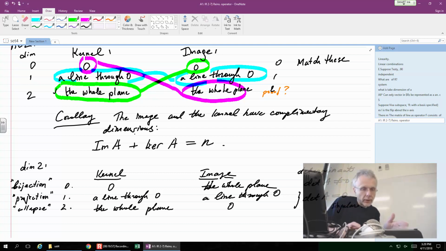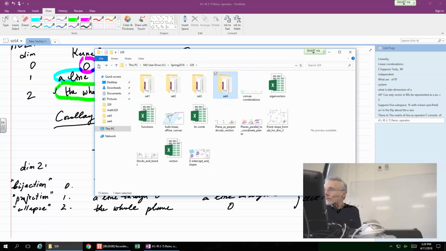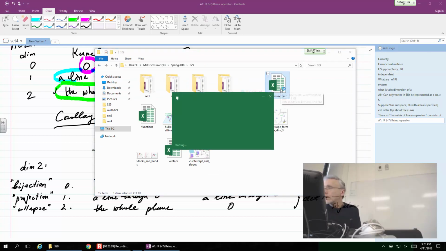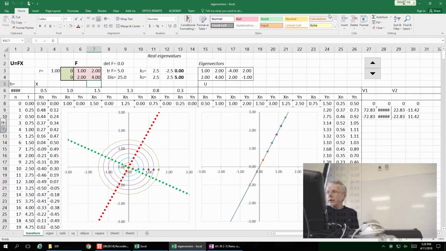So that is something to discuss, but I think I'll do a few examples first. The one that we started with is this. As you can see, it is a projection. Both of the lines appear. The determinant you can see at the top is equal to 0.